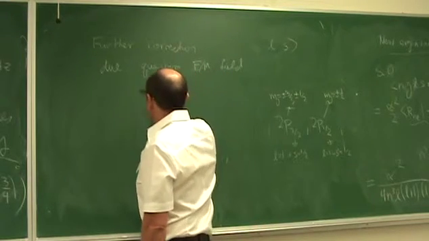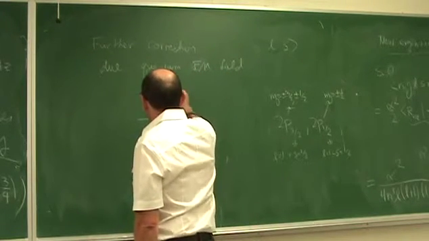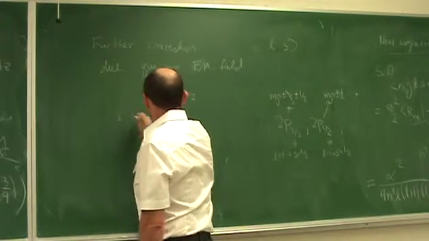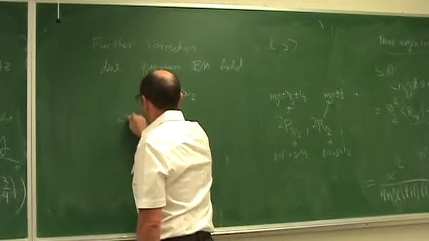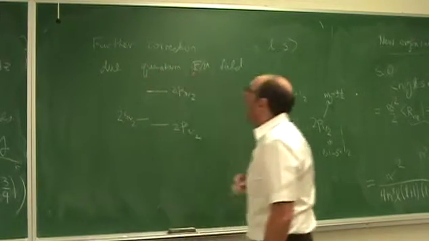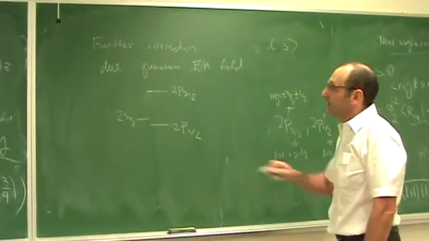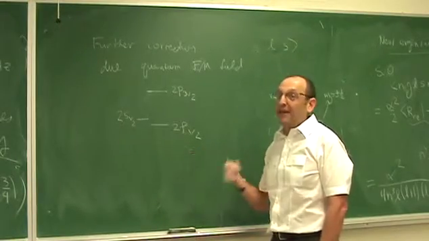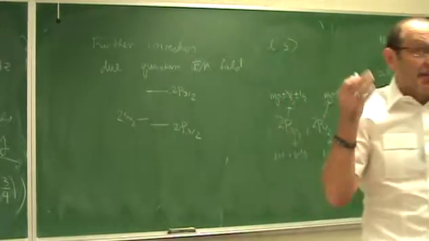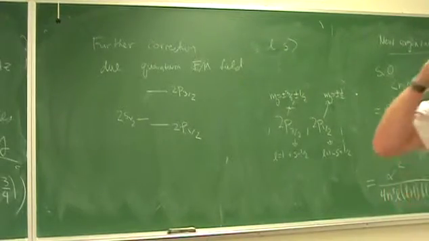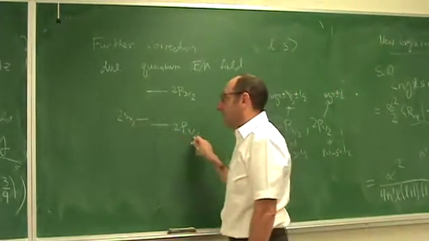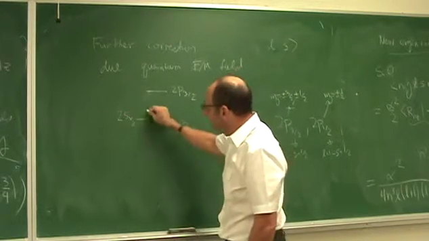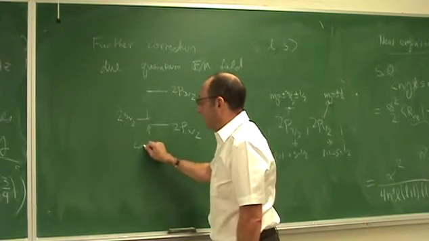And what one finds is that the n equals 2 spectrum looks something like this. The 2s and 2p states are no longer degenerate. They depend on the total angular momentum, including the photon angular momentum. It's not the same for states with the same L as it was before. And this shift here is known as the Lamb shift.